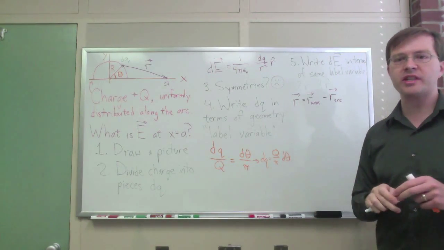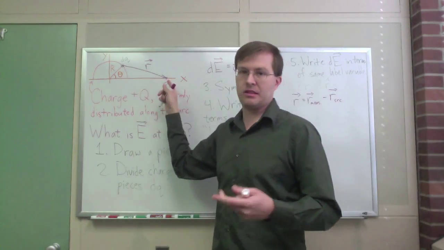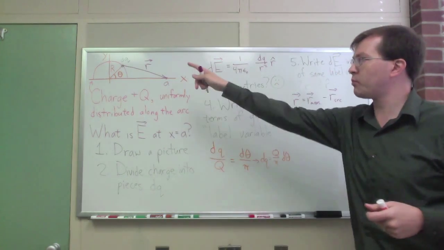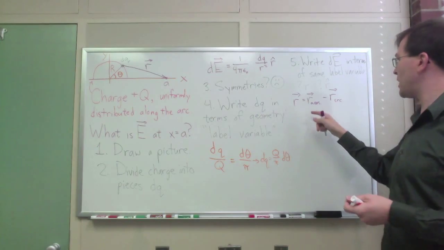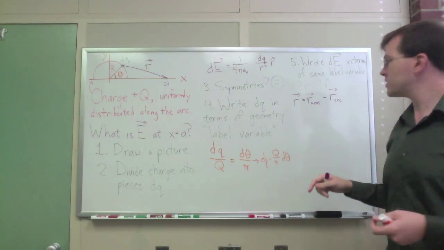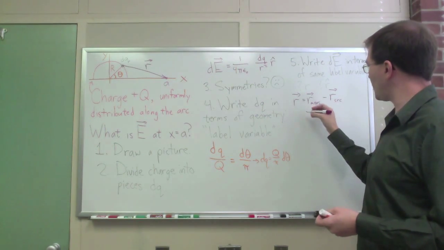That's always what this r vector is. It's just vector math: source point plus this displacement vector equals measurement point. That's how we define the r in Coulomb's law. So r measured minus r source, well, what is that?